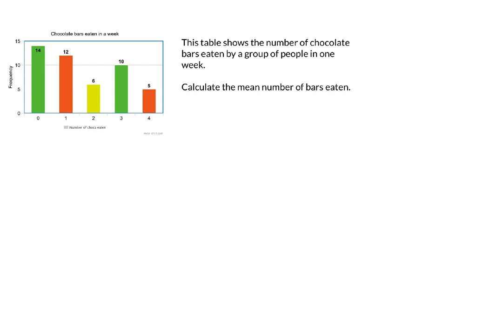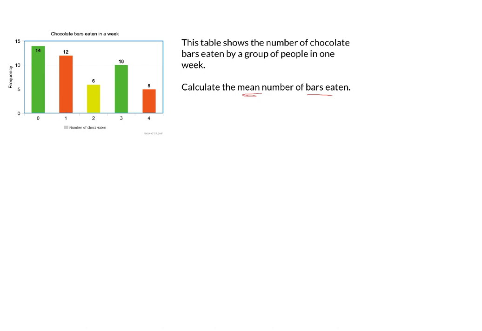And finally, with the same table, they want us to calculate the mean number of bars. Now you could do it from the table that we've already drawn, or we could do it straight from the bar chart. I'm going to do it this time from the bar chart. We know we have 14 people at 0, 12 at 1, and so on.